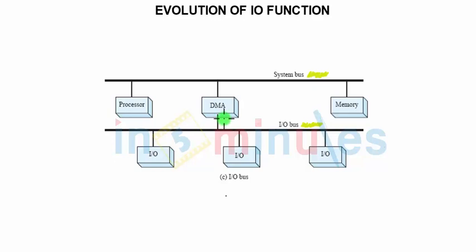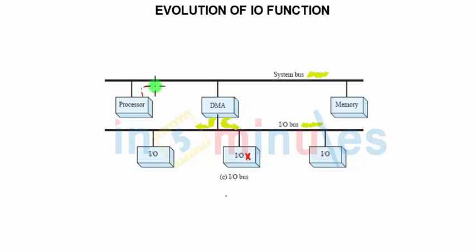As you can see, the DMA is connected with this bus, so DMA would take entire control in its hand whenever IO is to perform. Now suppose the processor wants certain data through IO; that would again go through the DMA. Consider IOX is to be read by the processor.